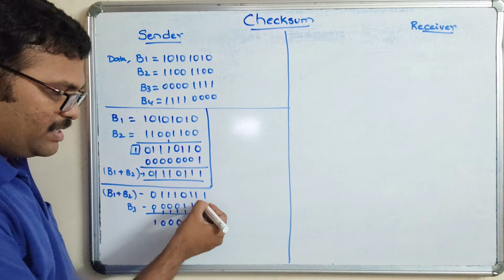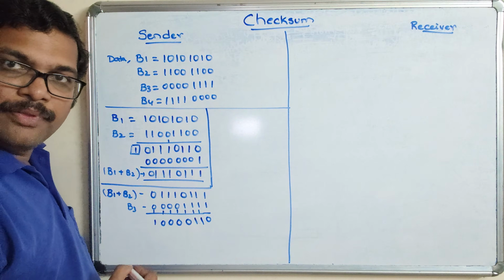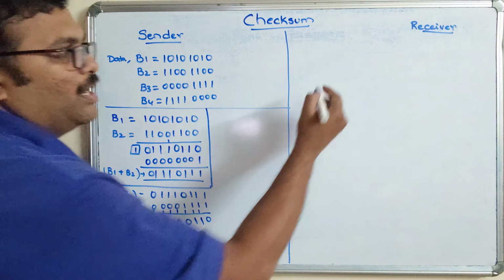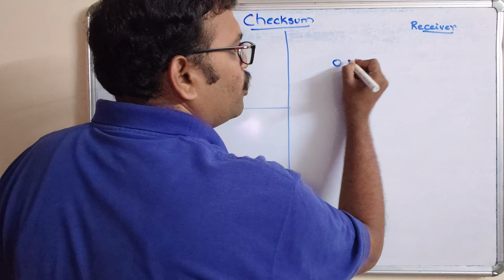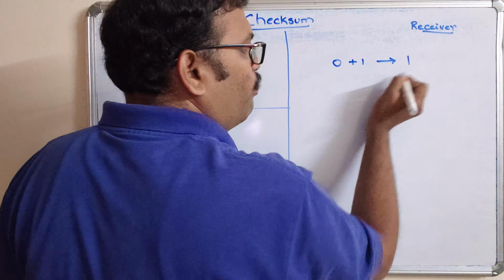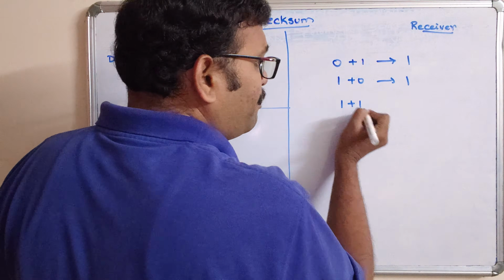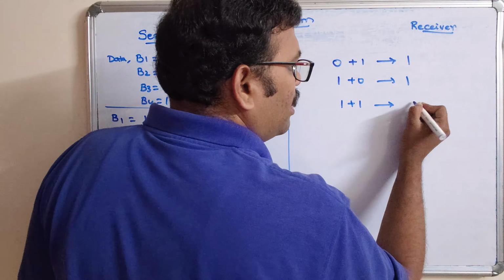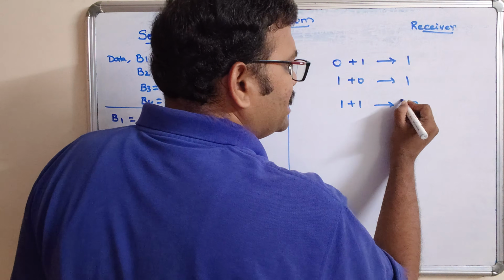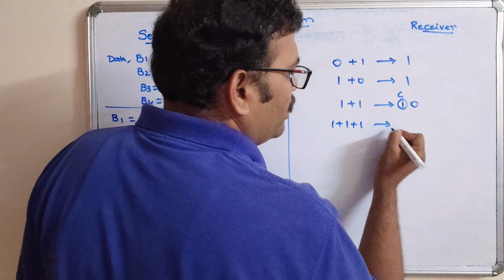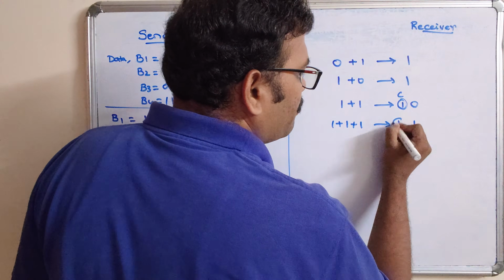If it is 3, we get 1 and carry 1. See, I'll write here. If it is 0 plus 1, we get 1. 1 plus 0, again we get 1. 1 plus 1, we get 0 and 1 as a carry. And if we apply 1 plus 1 plus 1, we get 1 and 1 as carry.